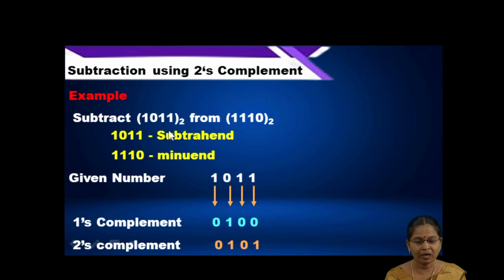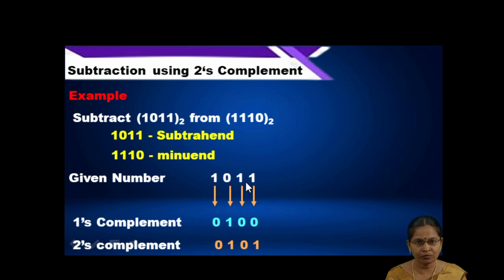We have to subtract 1 0 1 1 from 1 1 1 0. Here the subtrahend is 1 0 1 1 and the minuend is 1 1 1 0. So we have to find the 2's complement of the subtrahend. The value is 1 0 1 1.